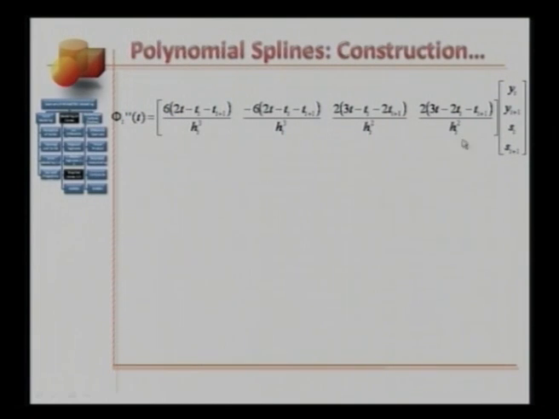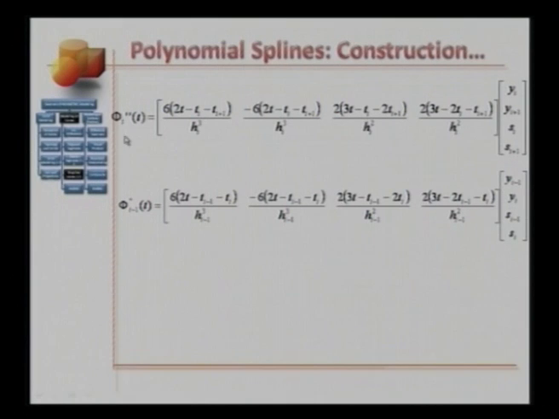This is your 1 by 4 row matrix multiplying this column vector here, yi, yi plus 1, si, and si plus 1. Remember, the second derivatives of the i minus 1th segment and the ith segment at the common knot ti are equal.